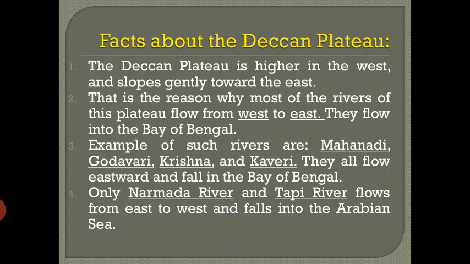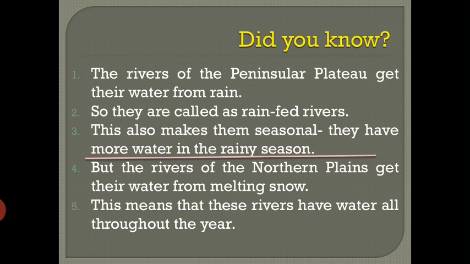Next, only the Narmada River and Tapi River flow from east to west and fall into the Arabian Sea. So next is, did you know? The rivers of the peninsular plateau get their water from rain, so they are called rain-fed rivers, and this also makes them seasonal.